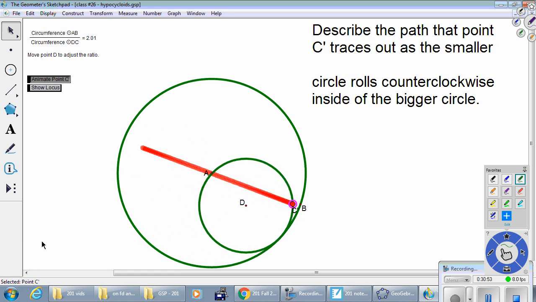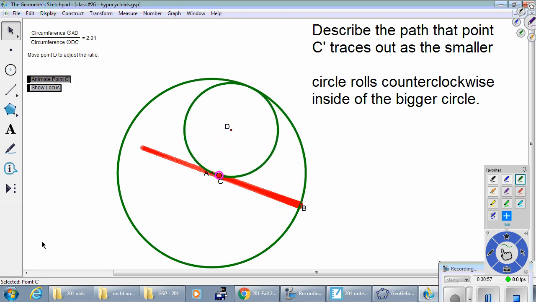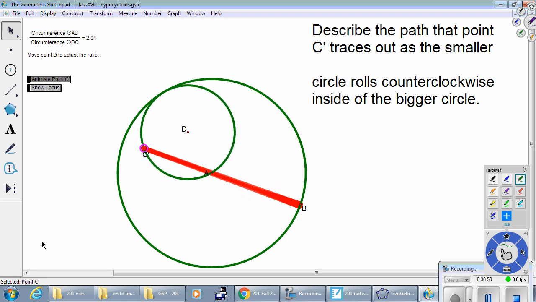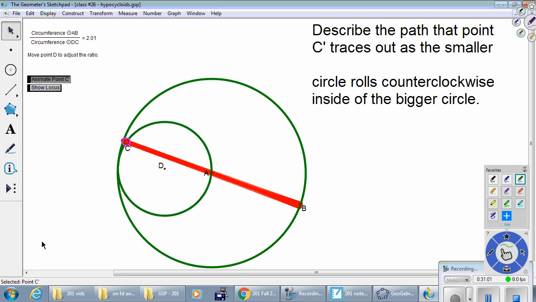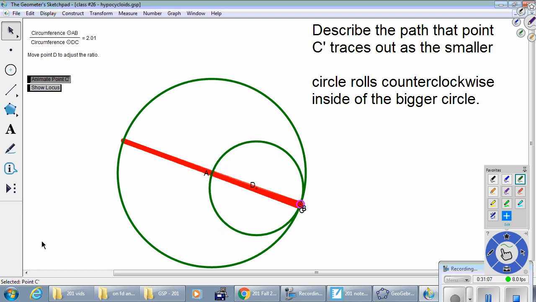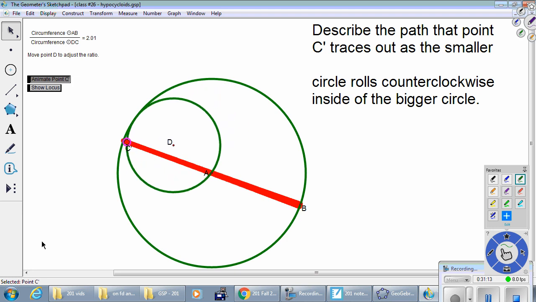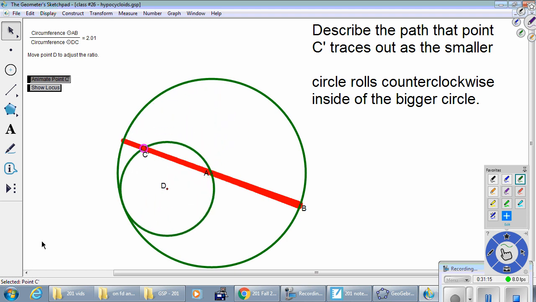I guess you could call this a hypocycloid with 2 points, but really normal people would just call this a line segment. And this is just totally wild to me, that you can have a round thing rolling around in another round thing, and somehow if you just watch any point on the inner circle, just pick any one you want, there's nothing special about C prime, it just goes back and forth along a straight line. That is nuts.